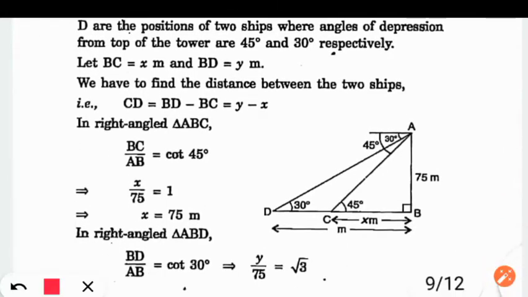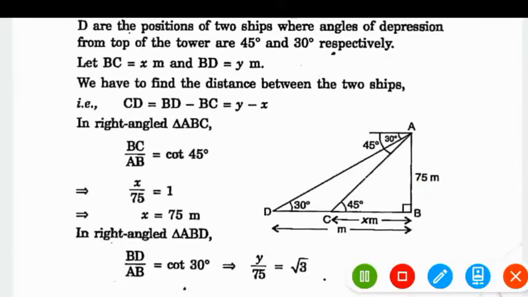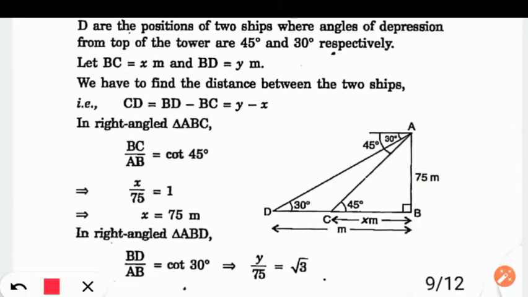AB is representing the lighthouse here. From the top of the lighthouse, that is from the point A, two ships have been seen.